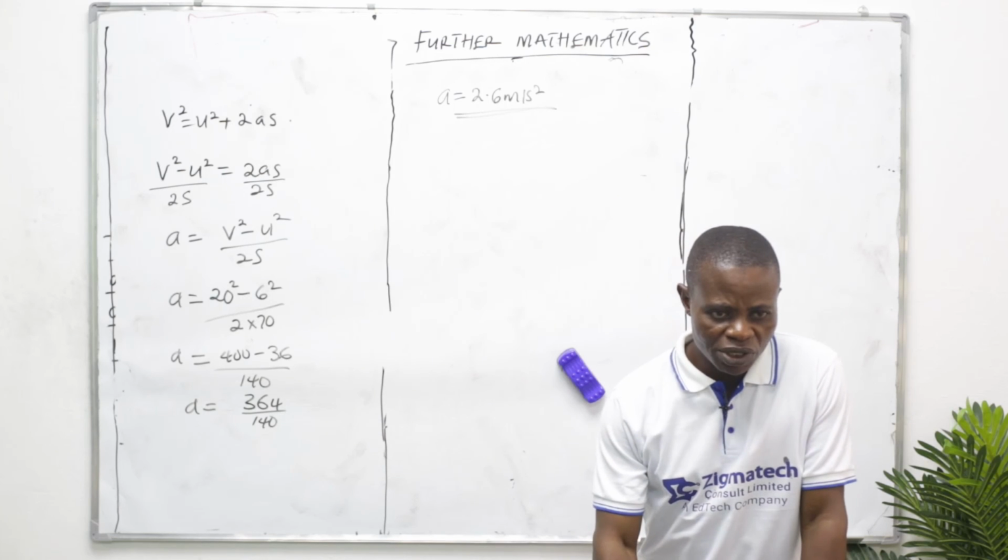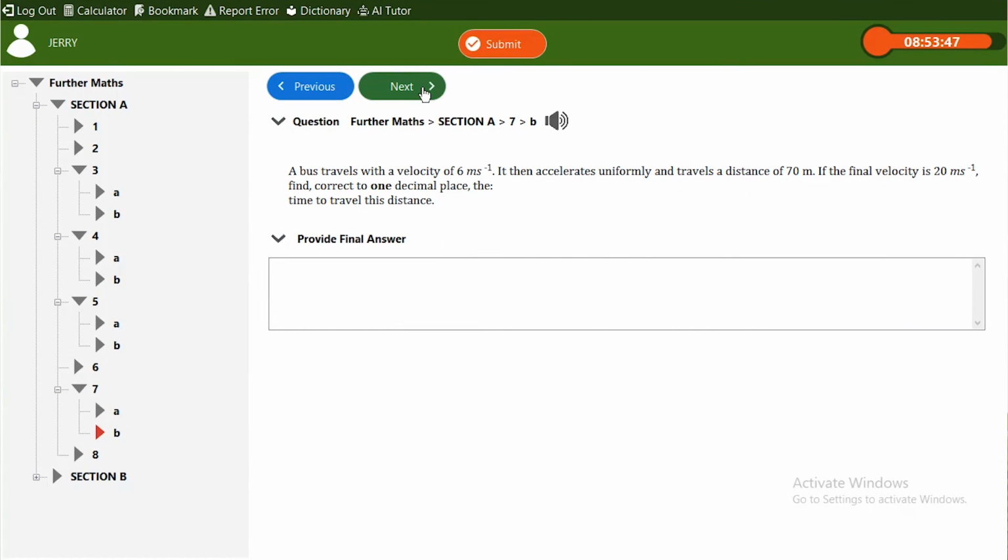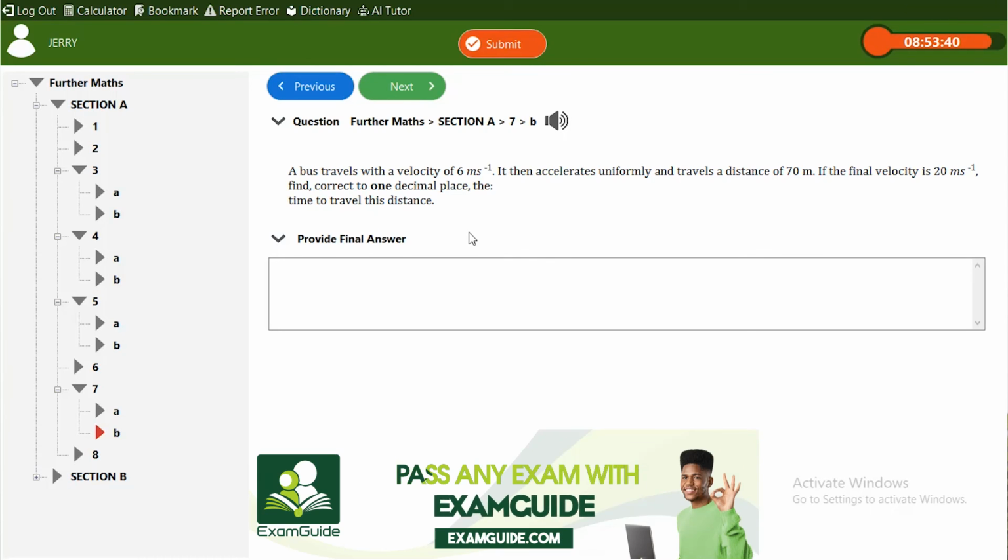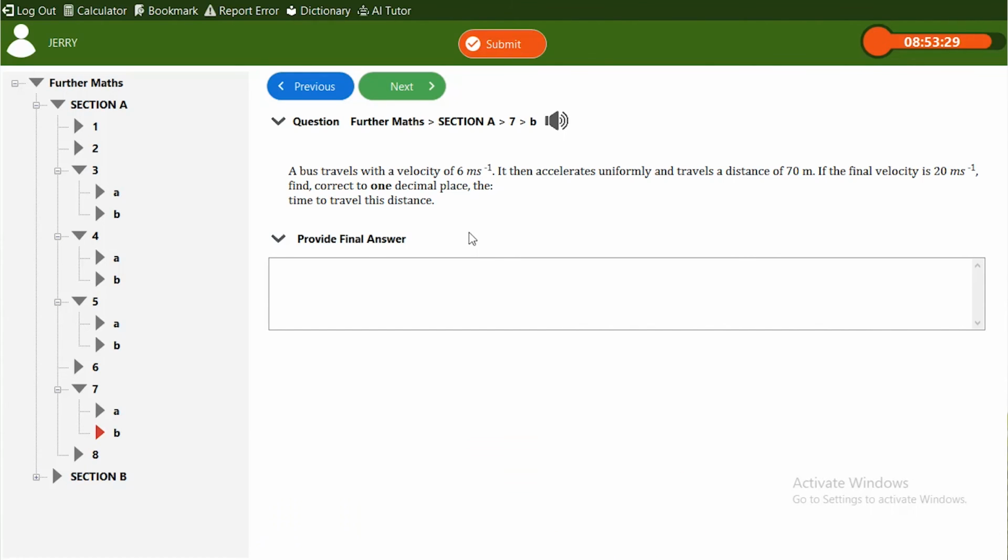Let's see the sub-question of this. Find, correct to 1 decimal place, the time to travel this distance. What is the distance they're talking about? It's just 70 meters.